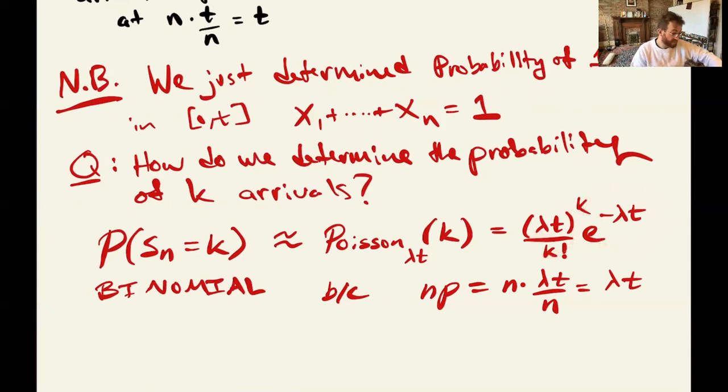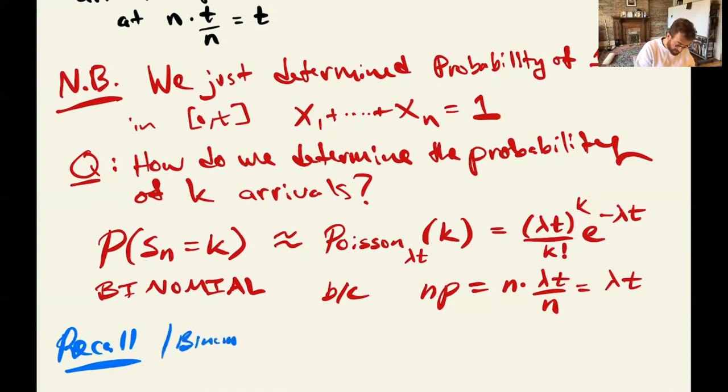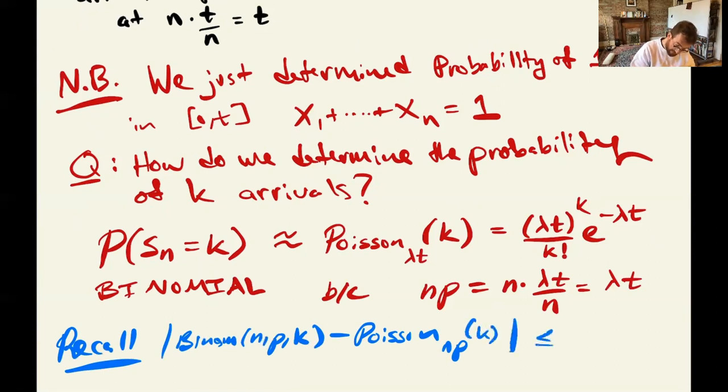All right, so to be a little more precise, recall that the difference between a binomial random variable with parameters n, p, k and a Poisson with parameter n times p, which again we think of as lambda in general, but in here we have this weird t involved, is actually bounded by n times p squared.